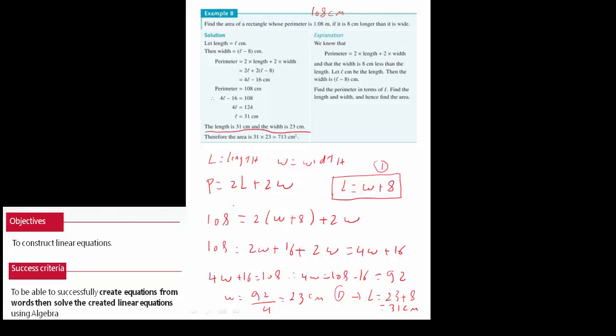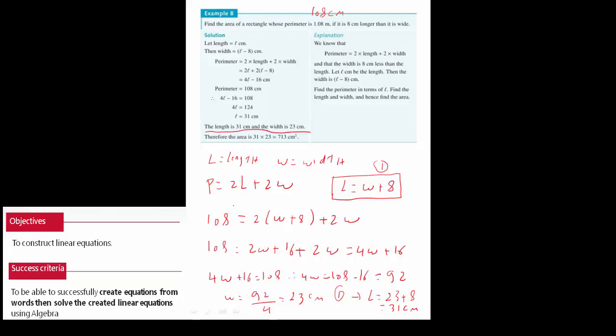Okay? So both of them are equivalent. But the way I've done it goes more like what they told you. The other one is, yes, from what they told you, you get the equivalent of it. It's like saying you are 8 years older than your sister, then you can say your sister is 8 years younger than you.